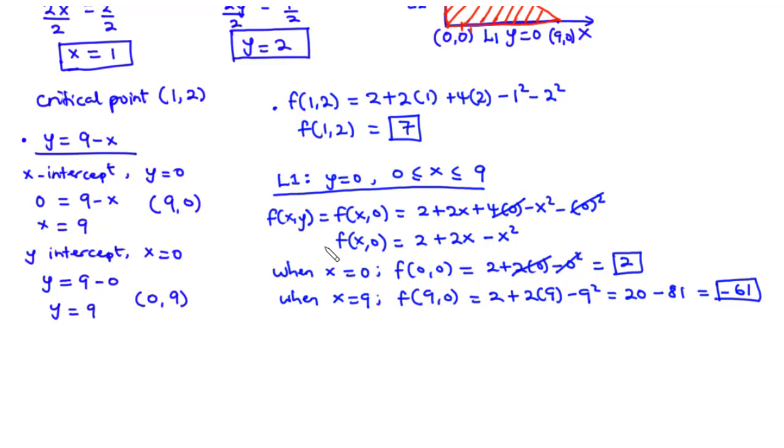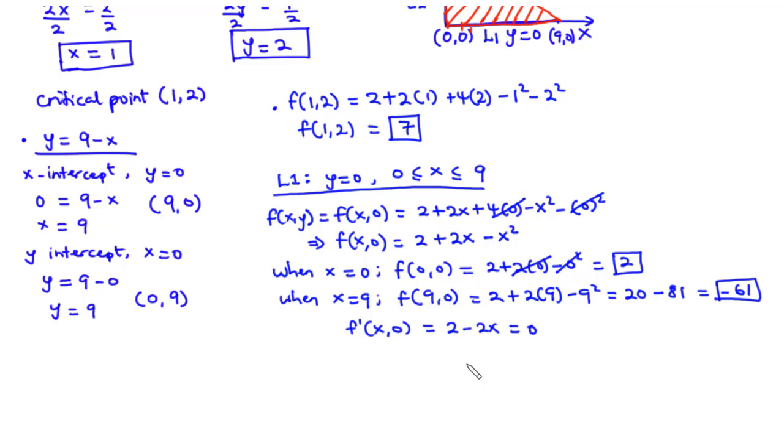Now notice that this function is a quadratic function, and thus it has either a relative minimum or a relative maximum somewhere, which can turn out to be an absolute minimum or an absolute maximum. So we need to find the derivative of this function, set it to 0 to find the value of x, and plug back into the function to find its value at that point. So let's find the first derivative. We have f prime of (x, 0) equal to 2 minus 2x, and we set that to 0.